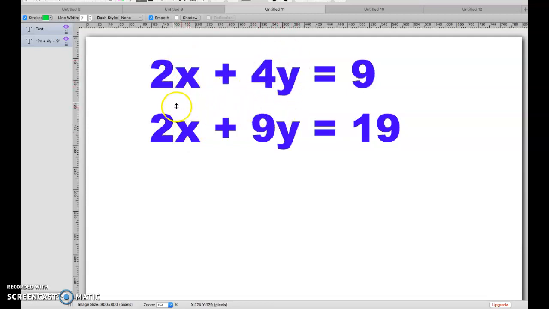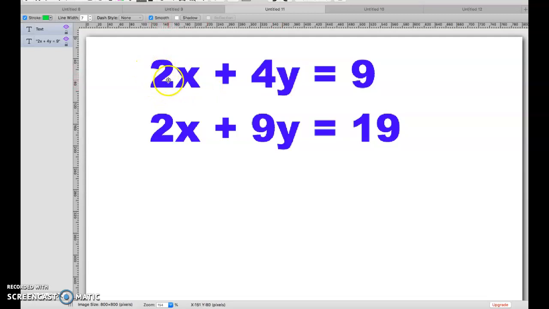If we get the x's to cancel, we're just going to have an equation with just y's, and we know how to solve an equation with just one kind of variable. If you remember, it's called systems of equations by elimination. We're eliminating one of the variables. You could eliminate the x's if you want, or you can eliminate the y's if you want. It's your choice. I'm going to eliminate the x's.